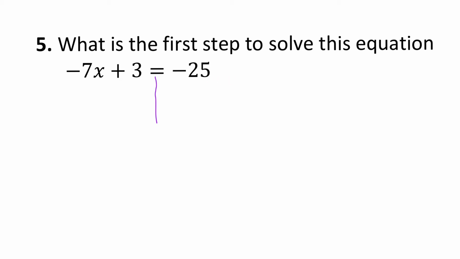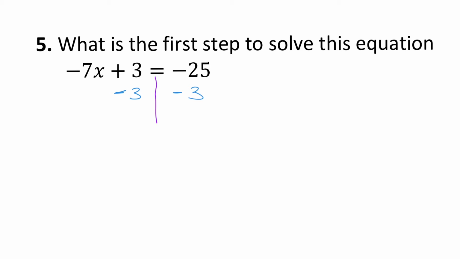So the first step we have to do is actually get rid of the constant that's on the same side of the variable. So I have to do the opposite of the constant. So I'm going to put a minus 3. But what is a minus 3? Well, that is subtract. You guys are going to subtract 3 from both sides of the equation. So that is the first step.